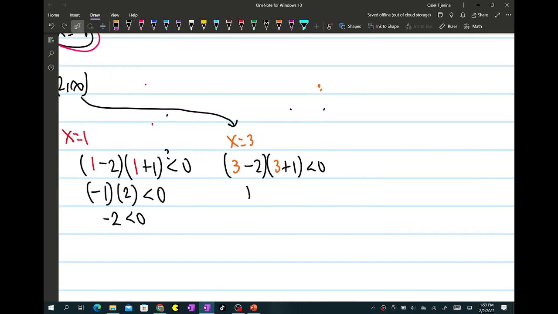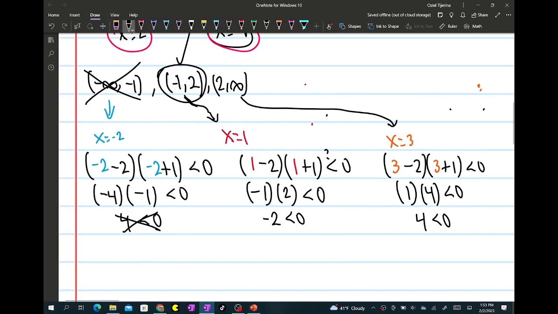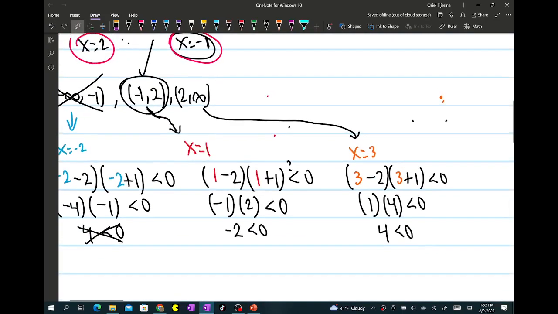So that gives me 1 times 4, just 4 less than 0. So again, this does not satisfy that inequality because 4 is greater than 0, not less than 0. So we can cross that one out.